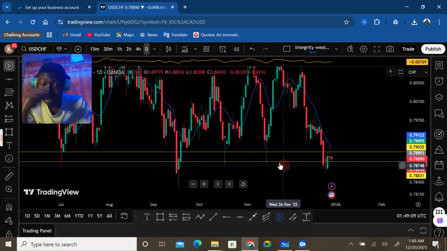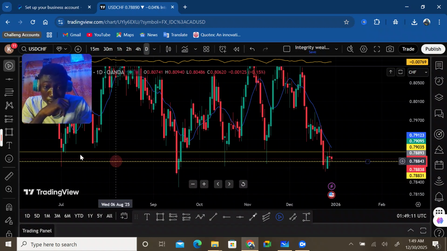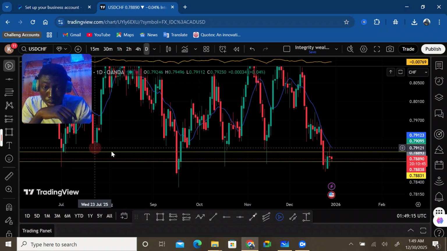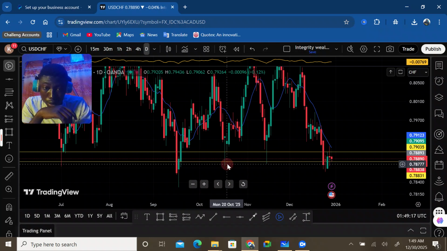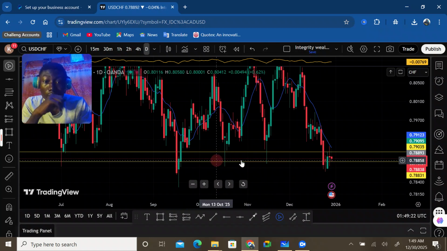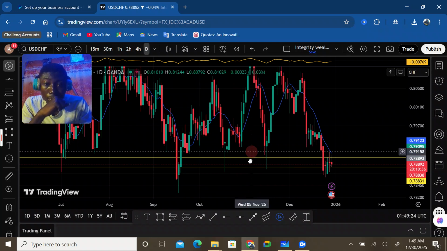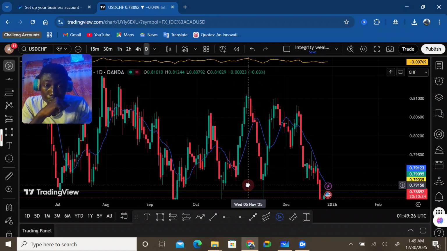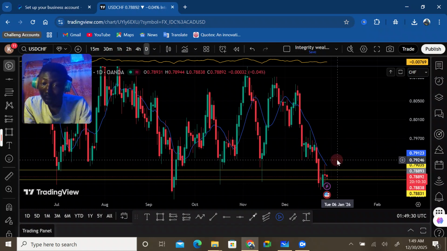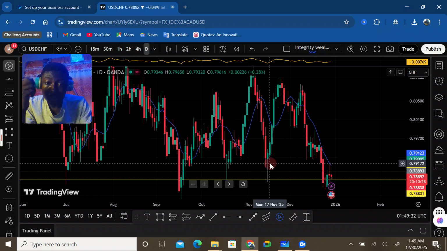Note that this place is a resistance area because this candle was rejected. This was rejected, this was rejected, this was also rejected. So that means this is a resistance area. And now it has become a support.